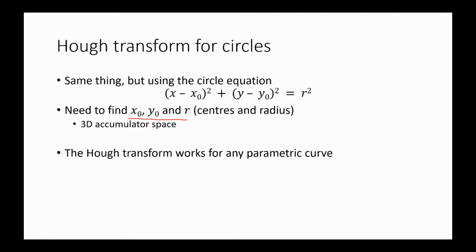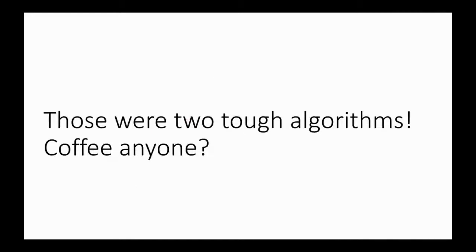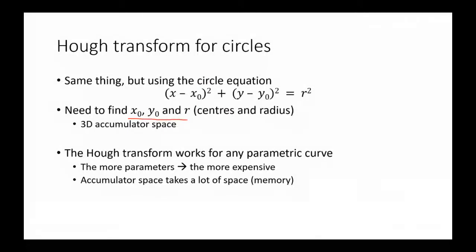And we're going to have a 3D accumulator space. Basically, the Hough transform works for any parametric curve. The more parameters, obviously, the more expensive it is. The accumulator space takes a lot of memory.